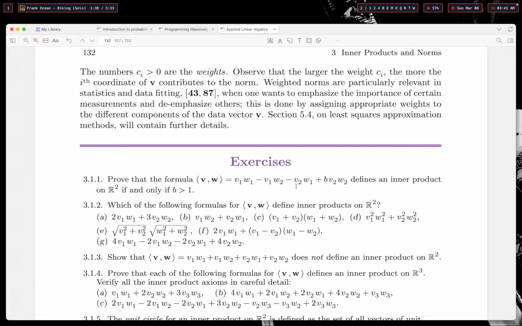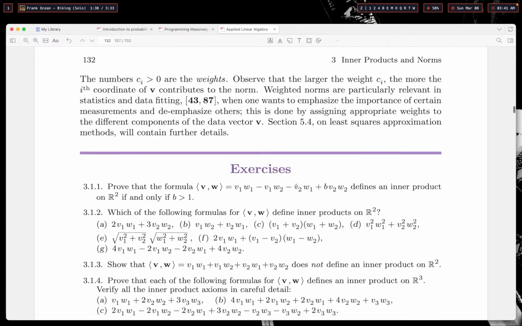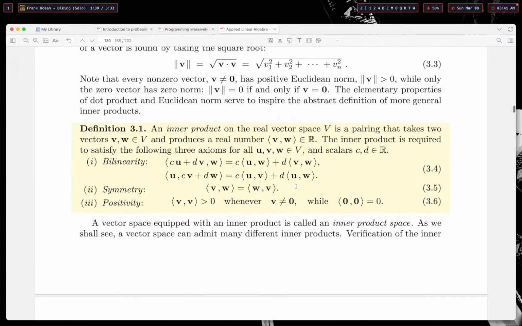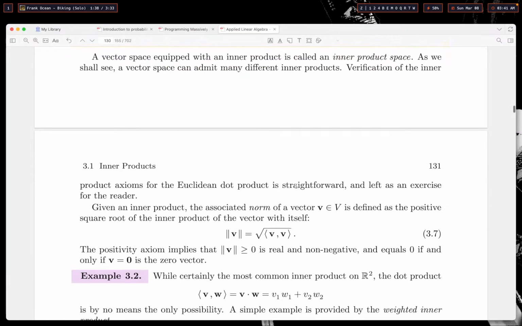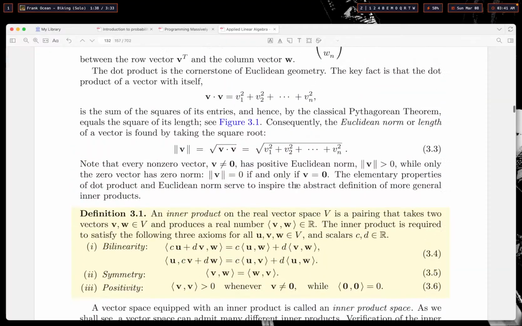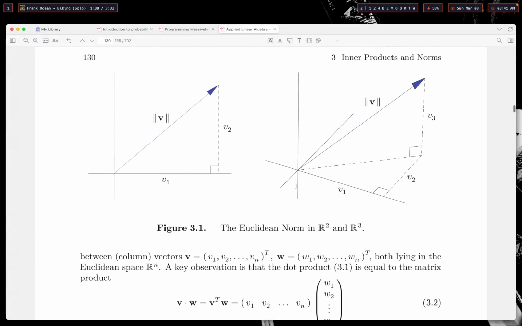So we should prove it under b being greater than 1, and then show, okay, so first we need just the fact that it has to define an inner product, and then we can confirm that it defines one only if b is some positive value, right? If and only if.